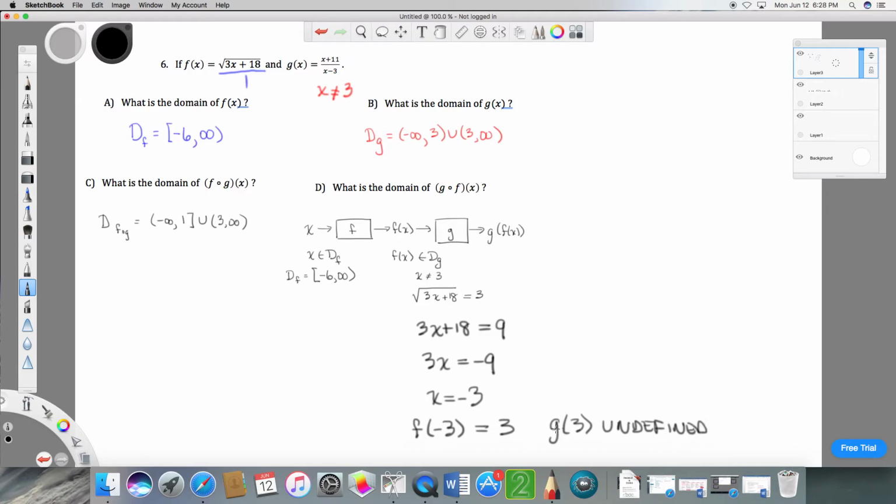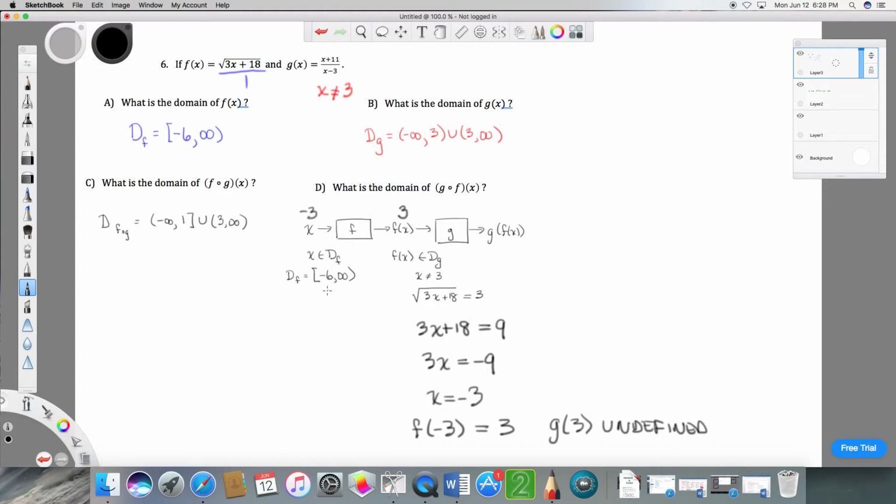So, in order to avoid g ever seeing the number 3, we don't want 3 to be an input for g. That means that we don't want negative 3 to be an input for f because it would cause an output that's undesirable.